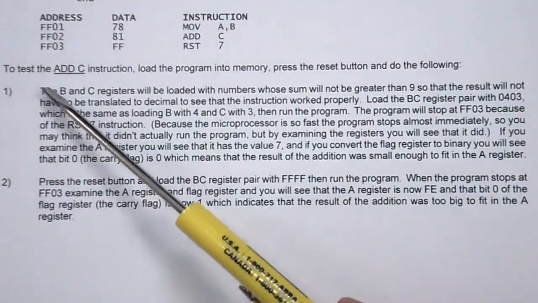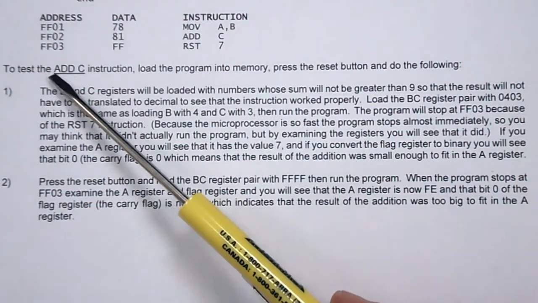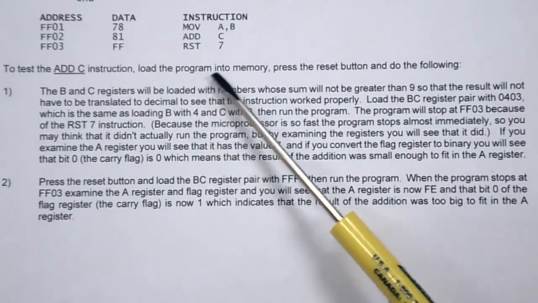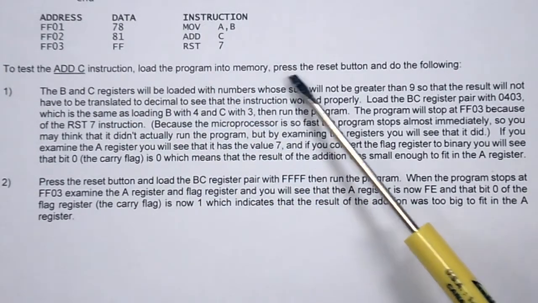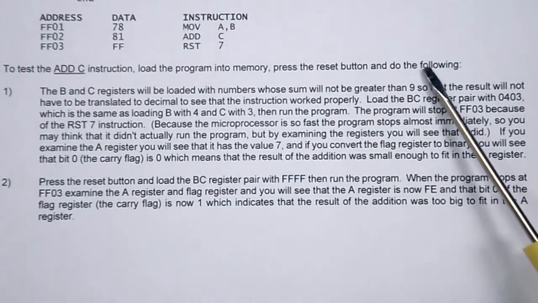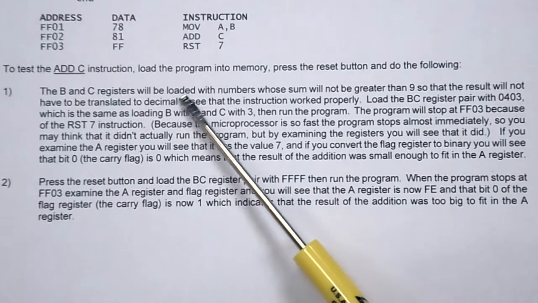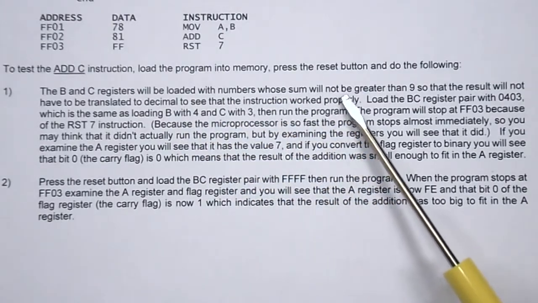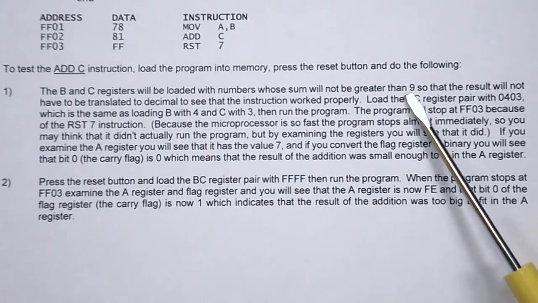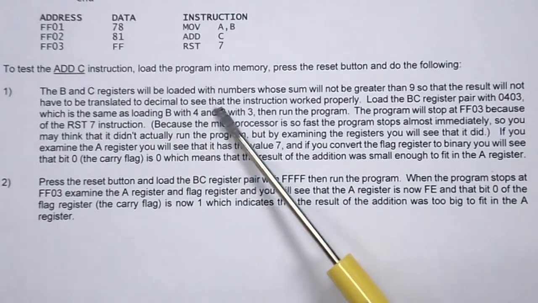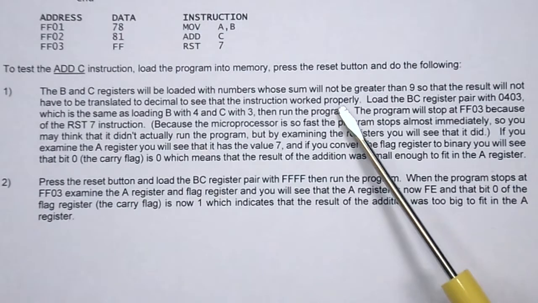Okay, so looking at the procedure, we're going to test the ADD instruction. We're going to load the program into memory, which we just did. Press the reset button and do the following. It says the B and C registers will be loaded with numbers whose sum will not be greater than 9, so that the result will not have to be translated to decimal to see that the instruction worked properly.